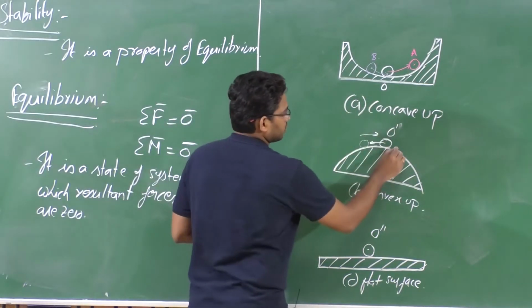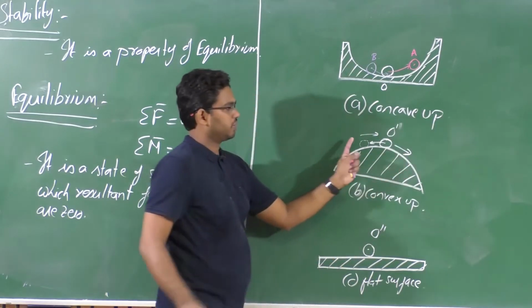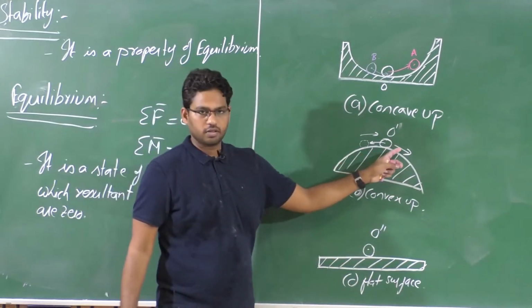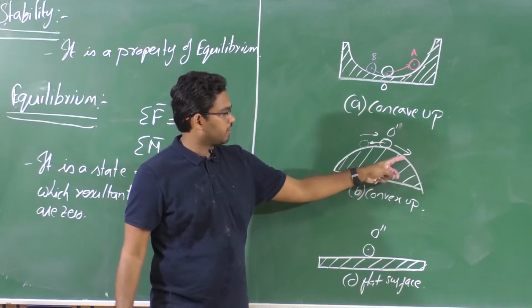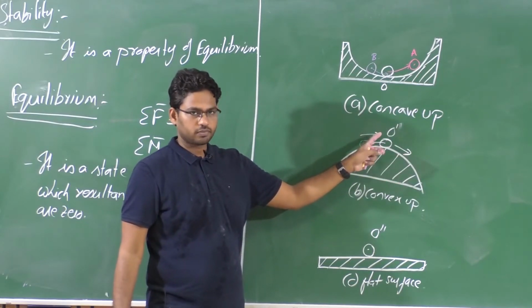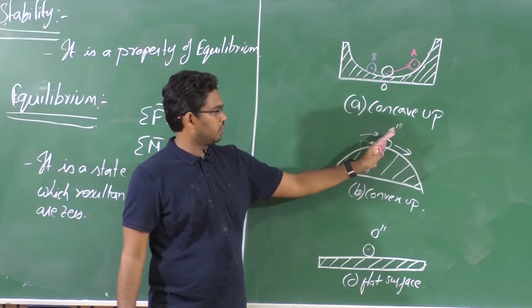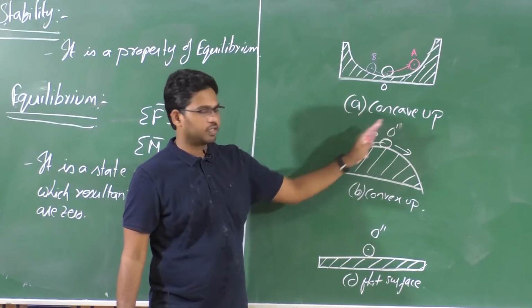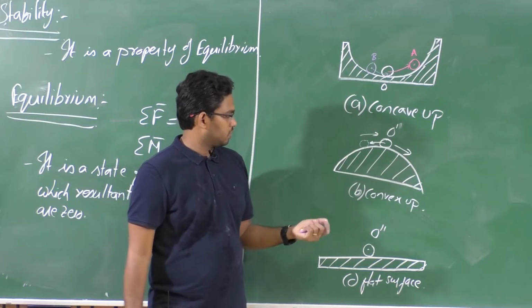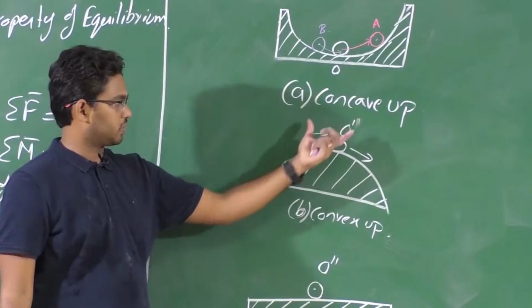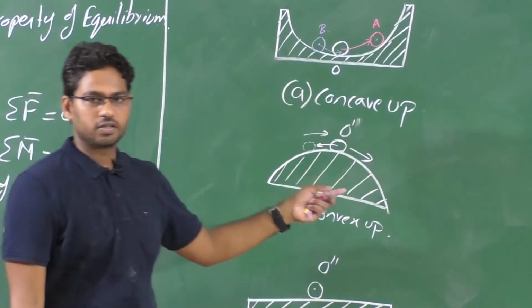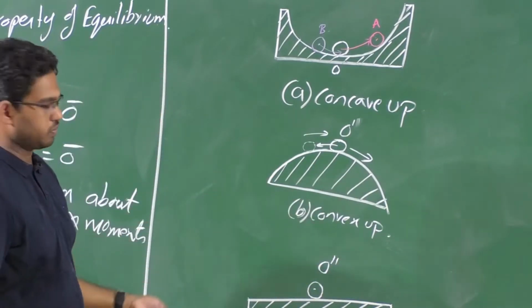Even if you displace it to the other side, the ball may not come back to O prime. So the ball is not able to attain the initial equilibrium, O prime. This equilibrium is defined as unstable equilibrium for this system.